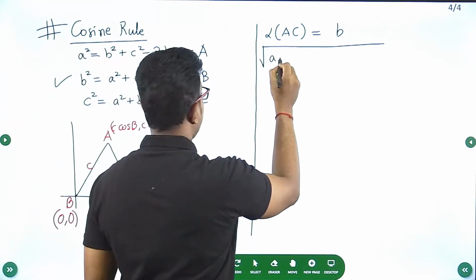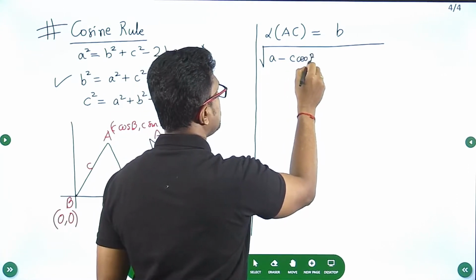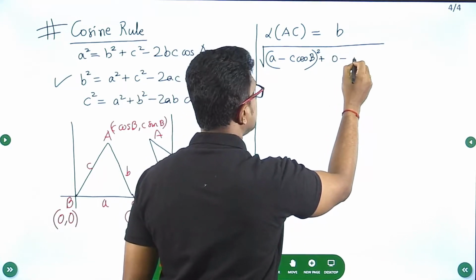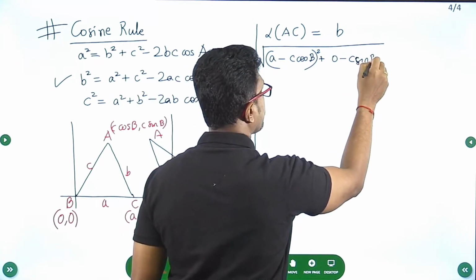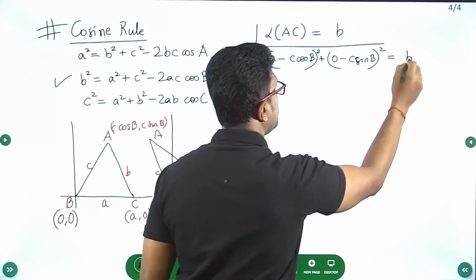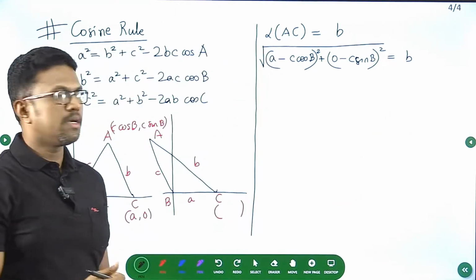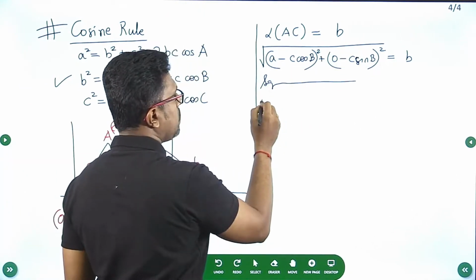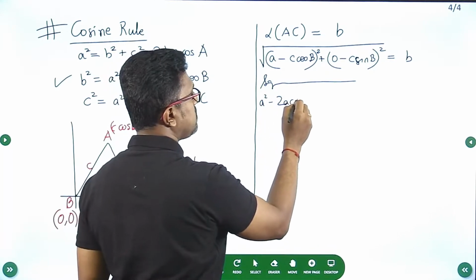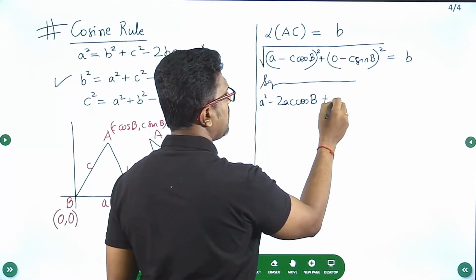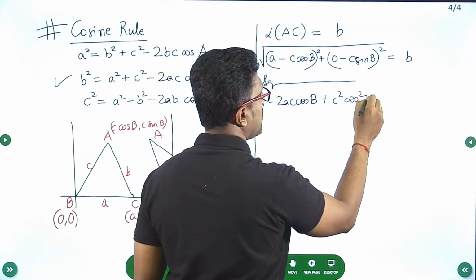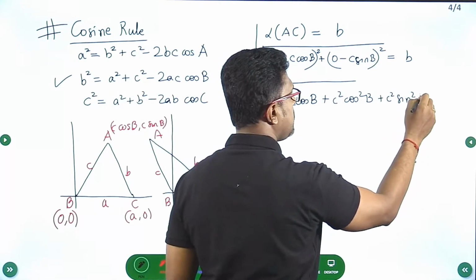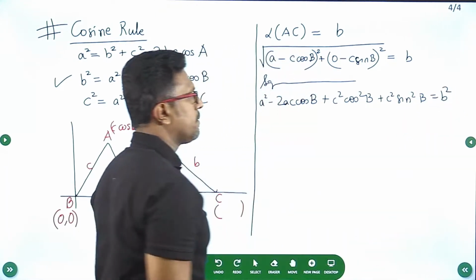So I can get a minus c cos B the whole square plus 0 minus c sin B the whole square equal to b. Squaring on both sides and expanding the brackets, this becomes a square minus 2ac cos B plus c square cos square B, and squaring this one as well, you get plus c square sin square B is equal to b square.